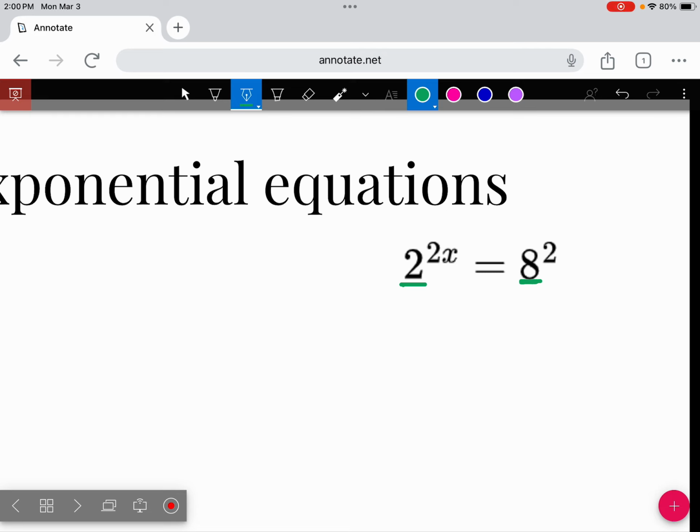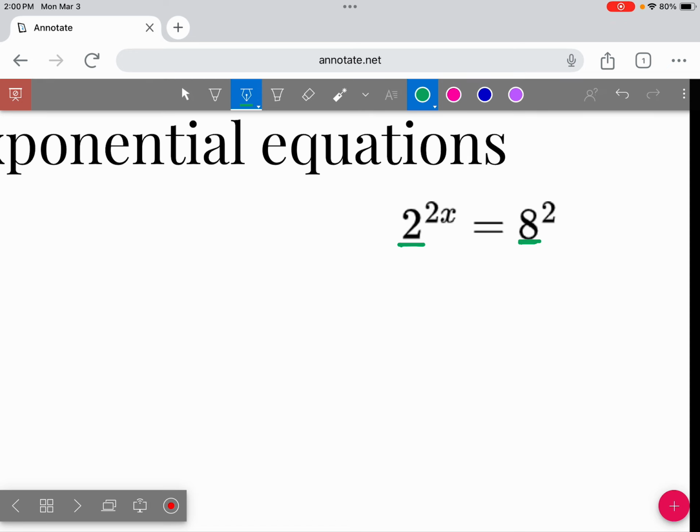So can I write 8 using just 2s? 2 to what power is 8? 2 cubed is 8. Everything else is staying the same. 2 to the 2x equals 2 cubed, and then squared.